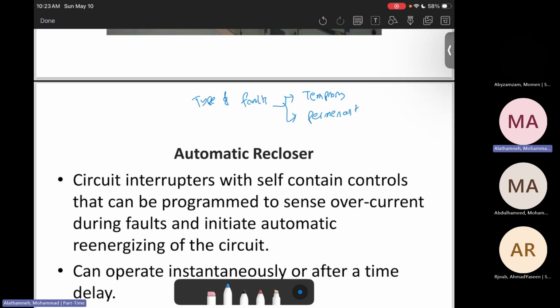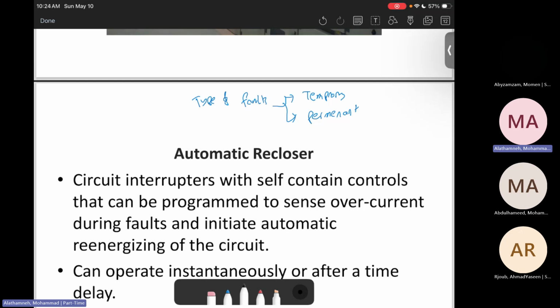Therefore, we will use the recloser to re-energize the circuit breaker to distinguish whether the fault is temporary or not. Basically, the recloser will ask the circuit breaker to turn on to check if that fault is permanent or just temporary and will leave.